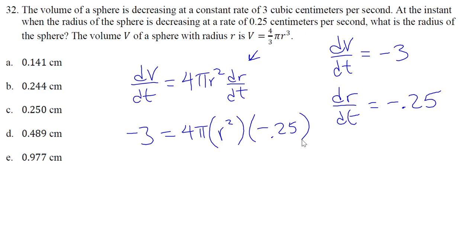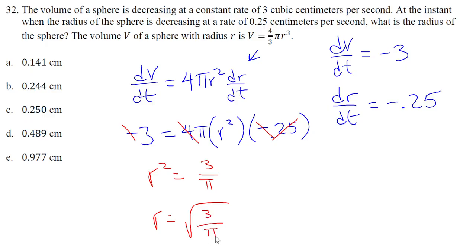So we just need to solve this for r. We'll do a little bit of the work by hand, so we don't have to put as much into the calculator. A 4 and a 0.25 should cancel out, and the negative and the negative should cancel out. So really what we've got here is r squared equals 3 over pi. And then we just want to find r, which should be the square root of 3 over pi.